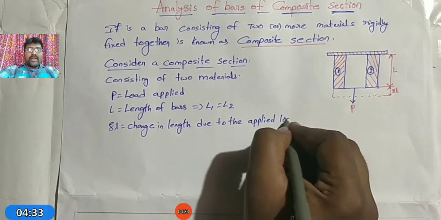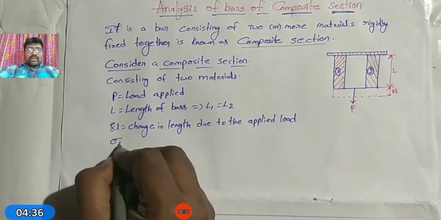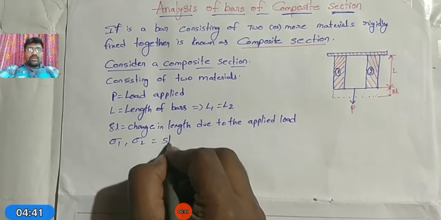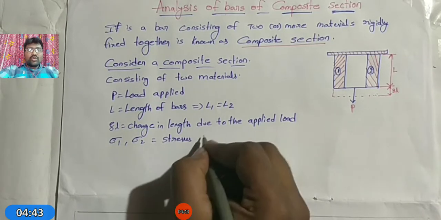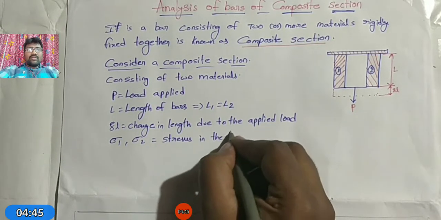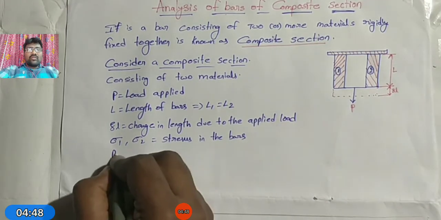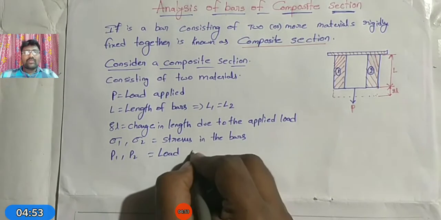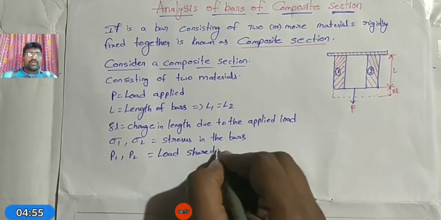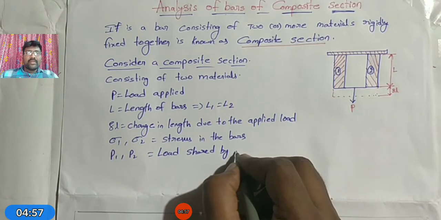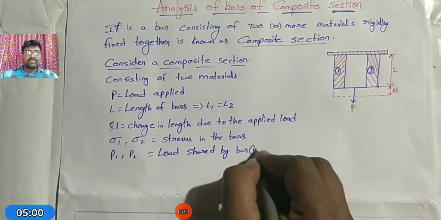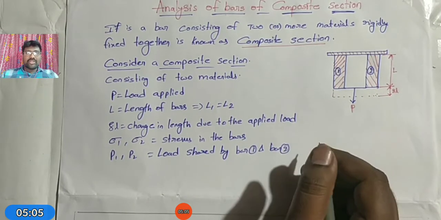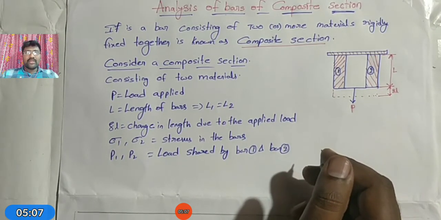Sigma 1 and sigma 2 are the stresses induced in bars 1 and 2. Similarly, P1 and P2 are the loads shared by the materials, bar 1 and bar 2. P1 is the load shared by bar 1 and P2 is the load shared by bar 2.